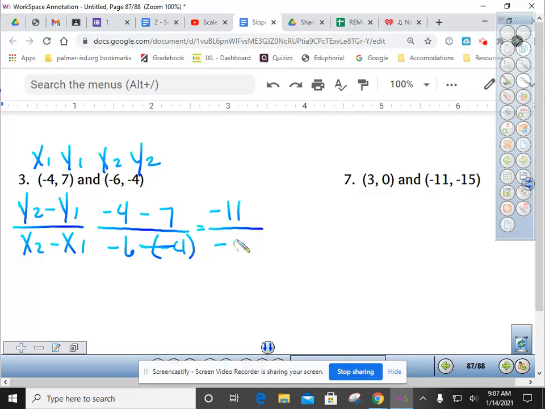Negative 2. And negative 11 divided by negative 2 is just positive 11 over 2. We're just going to leave it like that. Because 2 negatives make a positive, right?